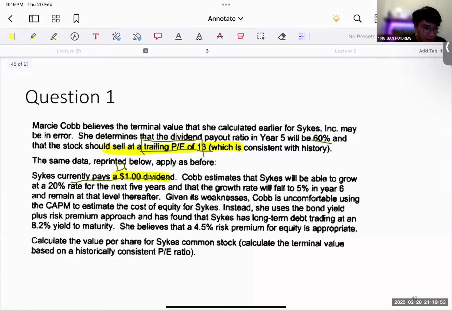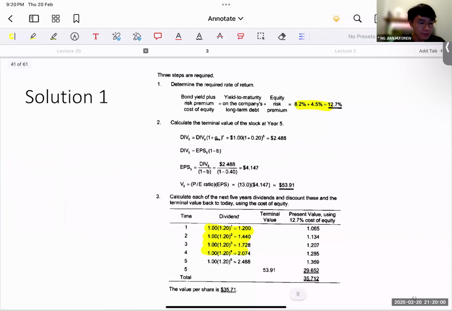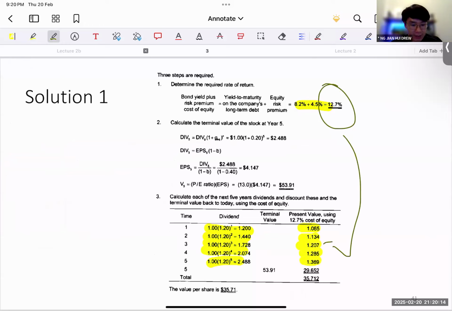You will grow at 20% for 5 years, and after that you'll fall to 5%. So for the first 5 years, it's going to grow at 20%. This one is not too complicated. Then we can also do the discounting using the cost of equity that we've determined here.